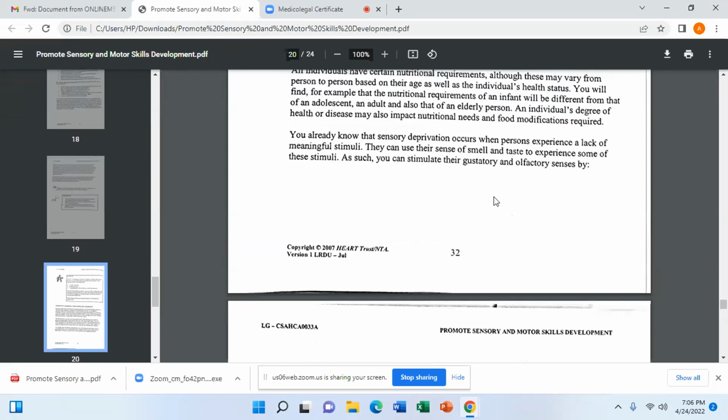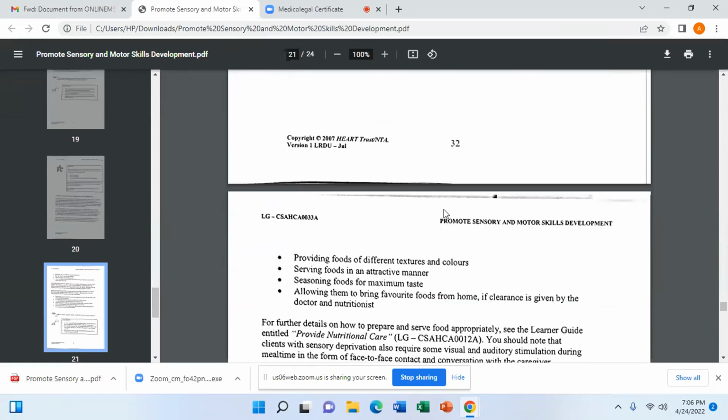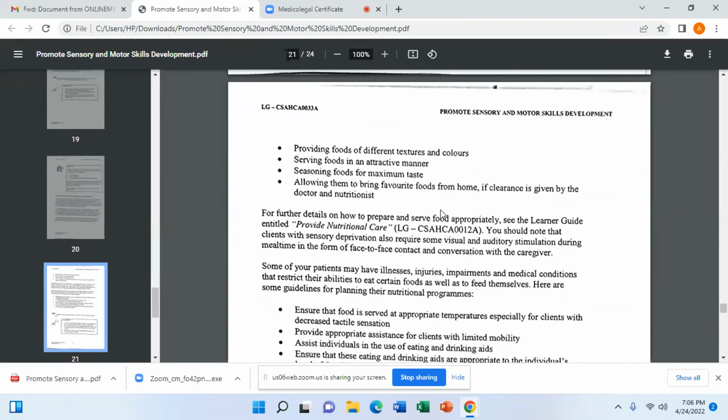And you already know that sensory deprivation occurs when persons experience a lack of meaningful stimuli. They can use their sense of smell and taste to experience some sense of stimuli. So you can play around with the person's sense of taste and smell so that they eat more or eat the type of food that you want them to eat.